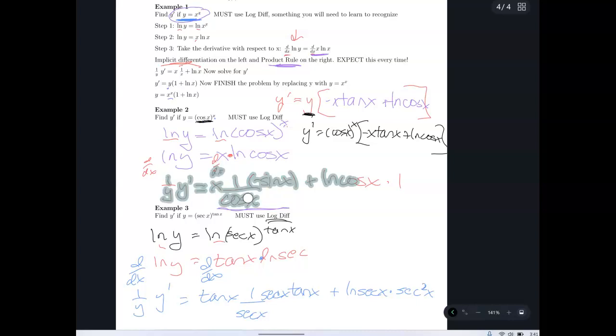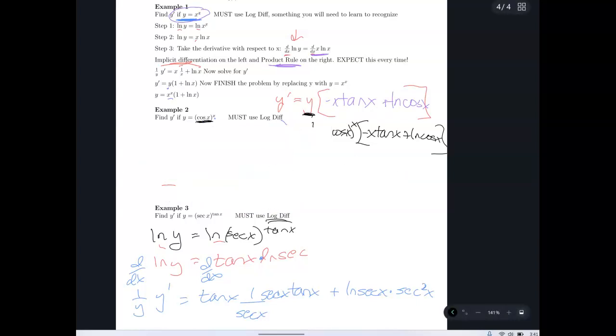So let me make some room up here. So I multiply by y, so I get y prime is, so I see these two go away, right? So I get tangent squared, and then this plus ln of secant times secant squared. Oops, that's a times. Oops, and I forgot to put the y there, didn't I?